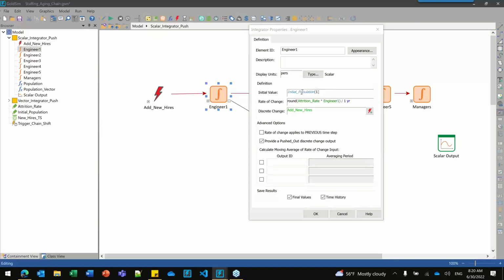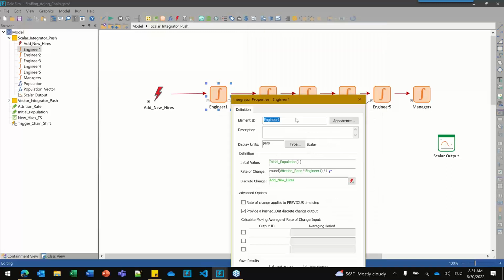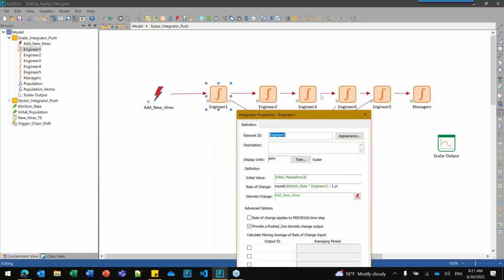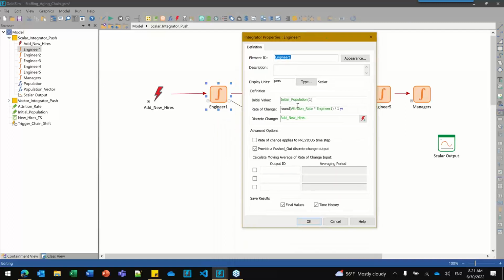So the initial population is a vector. In this case, we call it groups, you could call it cohorts, whatever, but it has a number of rows equal to the number of categories here. So we have 1, 2, 3, 4, 5 groups of engineers here, cohorts. And so we could refer to 1 through 5 to obtain the initial value. So this is just how many engineers are in this cohort at time 0, right?